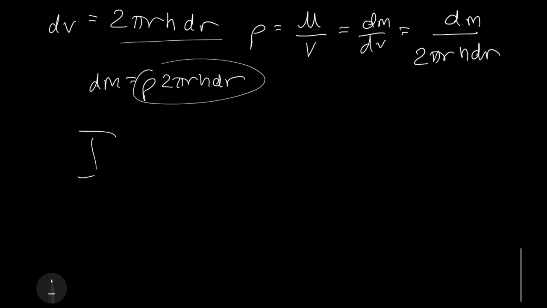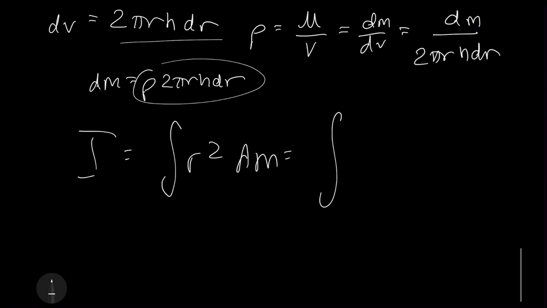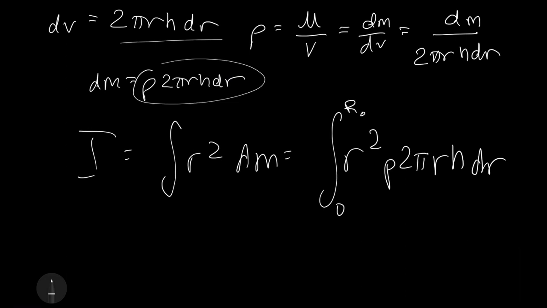So I equals r squared dm, which now equals r squared rho 2 pi r h dr. And now we can have our bounds from 0 to r naught. Obviously it doesn't look that pretty right now, but now we have real bounds that we can actually use.